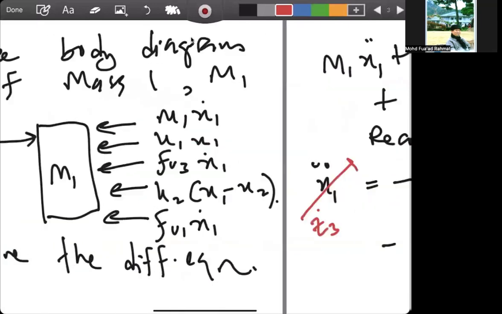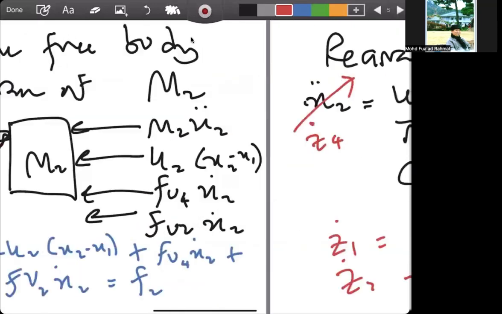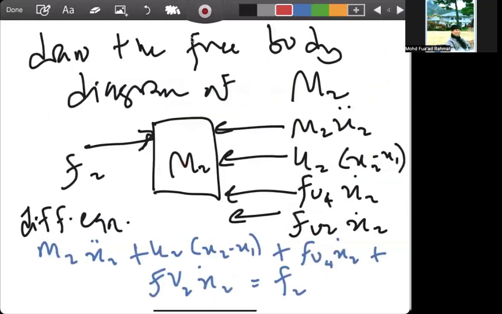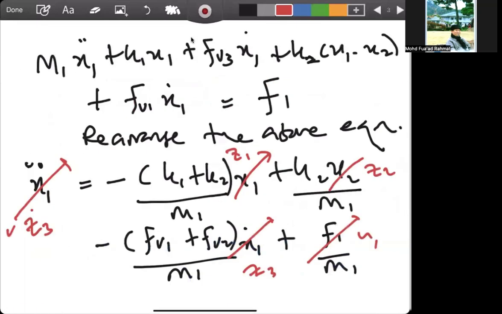Now we have all the derivative state variables Z1 dot, Z2 dot, Z3 dot, and Z4 dot. So now we can simply construct the state equation.